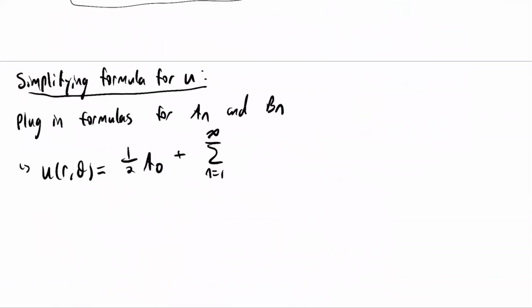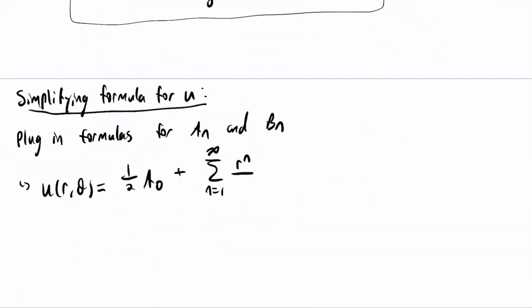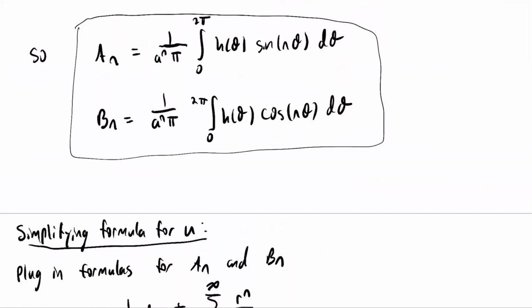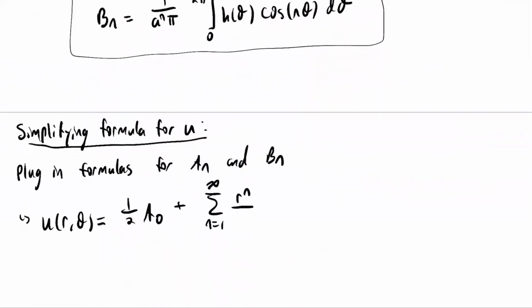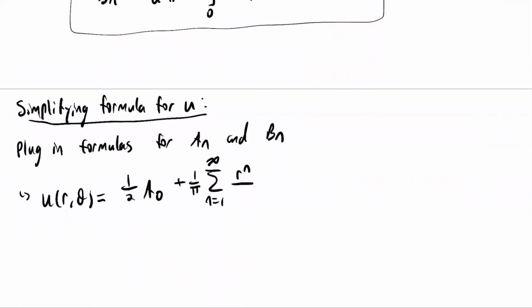We have r to the n, which was already there. And we'll notice that in each of these coefficients, we're dividing by a to the n times pi. So let me just factor out the 1 over pi, and then I have r to the n over a to the n.